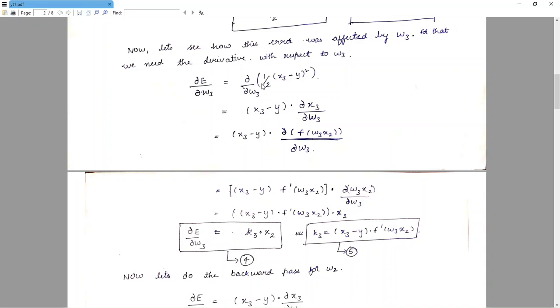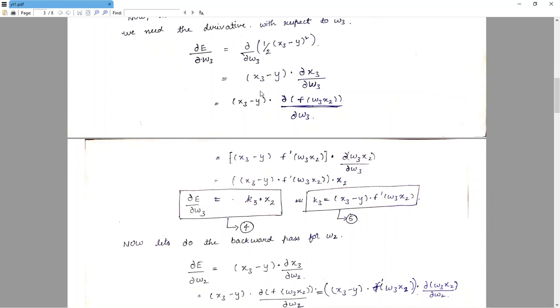In order to find out that error contribution, we differentiate it with respect to w3. If you don't know, the differentiation of x squared is 2x, and the differentiation of f of g of x is f dash of g of x into g dash of x. We need to use both those properties in this derivation a lot.